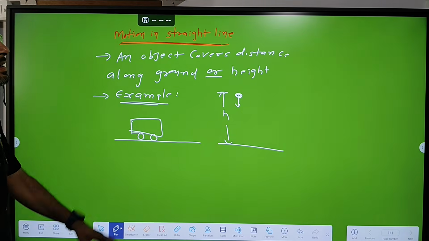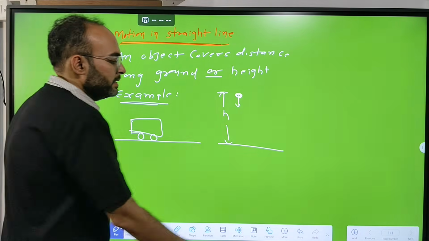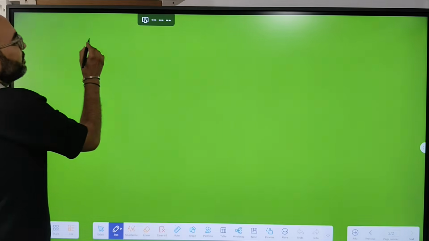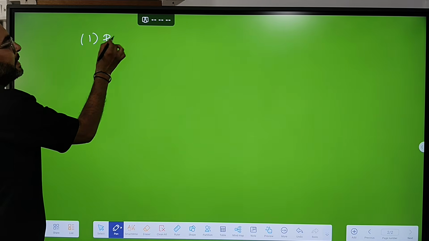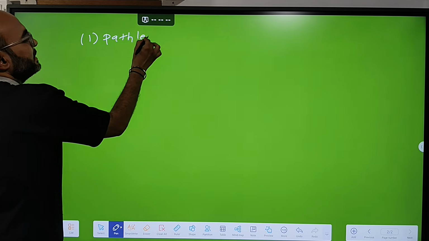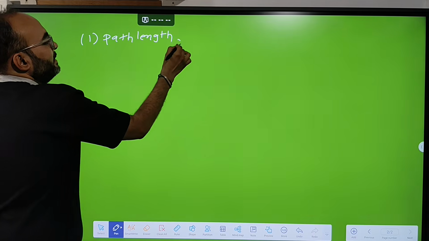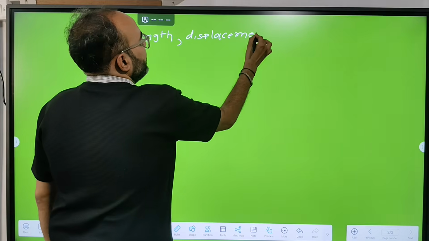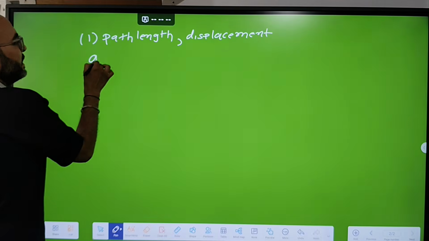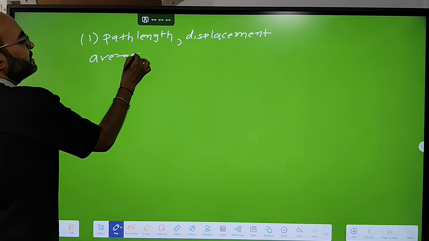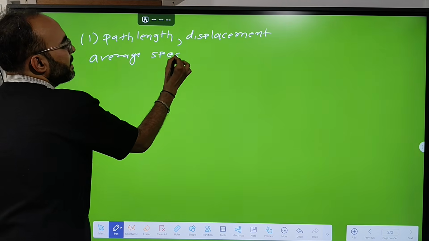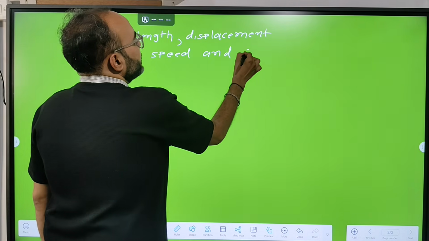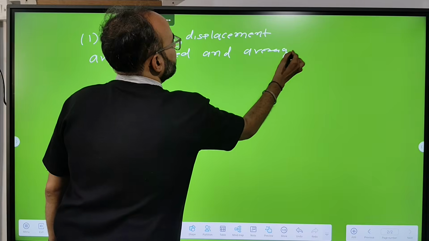So now that chapter includes 5 topics. The first topic is path length, displacement, average speed, and average velocity.